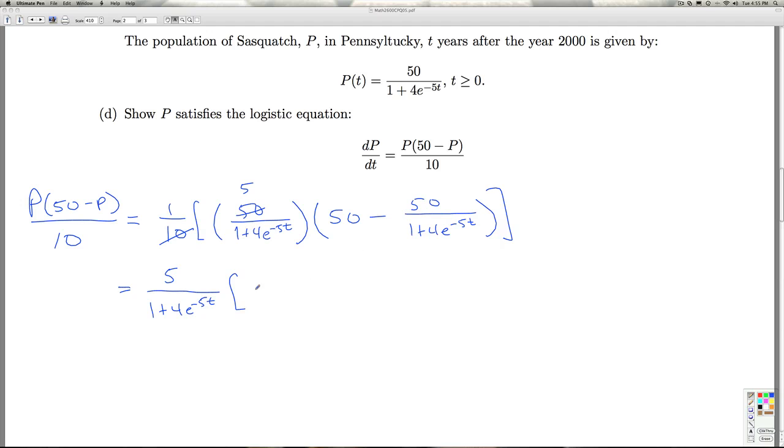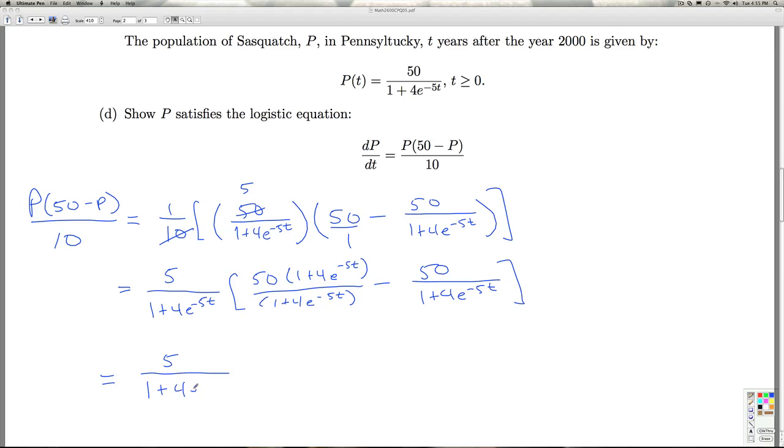To subtract these two things, I need a common denominator. So if I think of 50 as 50 over 1, I multiply the numerator and denominator by 1 plus 4e to the negative 5t. So I have 5 divided by (1 plus 4e to the negative 5t), and now I have the same denominator.